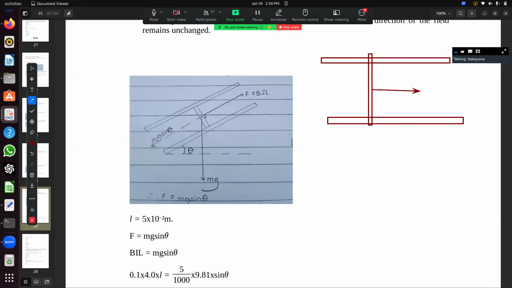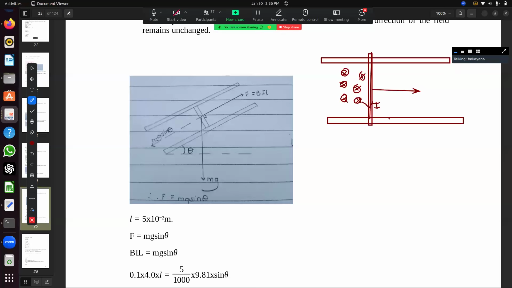The rod is carrying current, which I can call I, and this current is perpendicular to the direction of the magnetic field, which we represent as a circle and a dot to show that the magnetic field is entering into the paper.